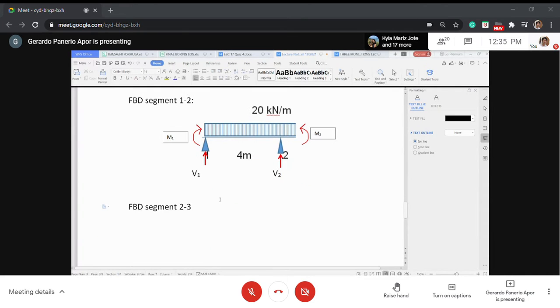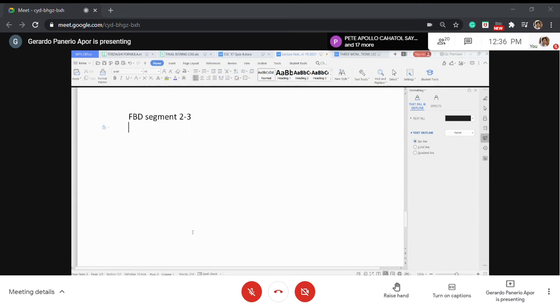Okay, and then the second free body diagram looks like this. This will be the shape of your second free body diagram. Copy. Then I'll go back to my notes. Paste it here.